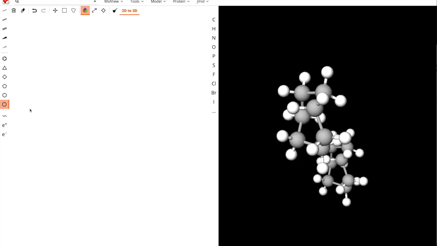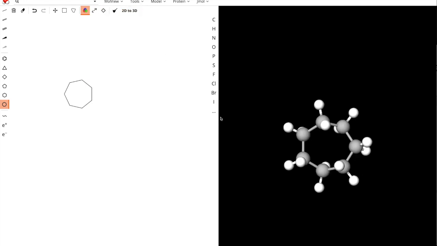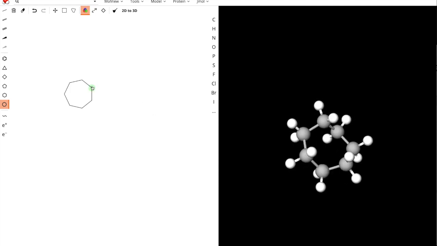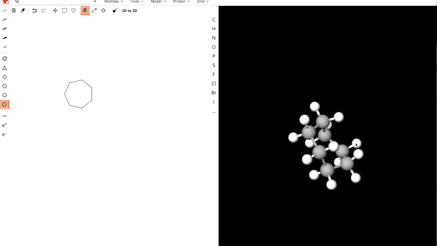Okay, I can just do one, and then here it is. Remember that there are 7 carbons in this structure. Each carbon here has 2 bonds, so that means there are 2 hydrogens. I can do a cube like that and then get a 2-dimensional model.